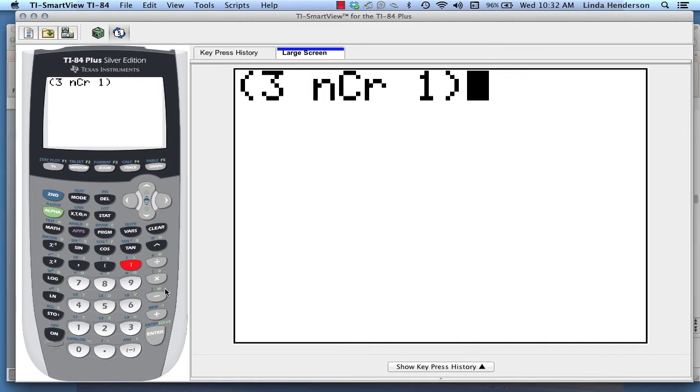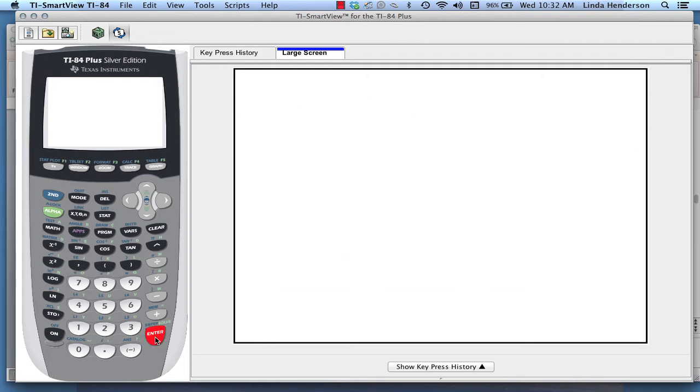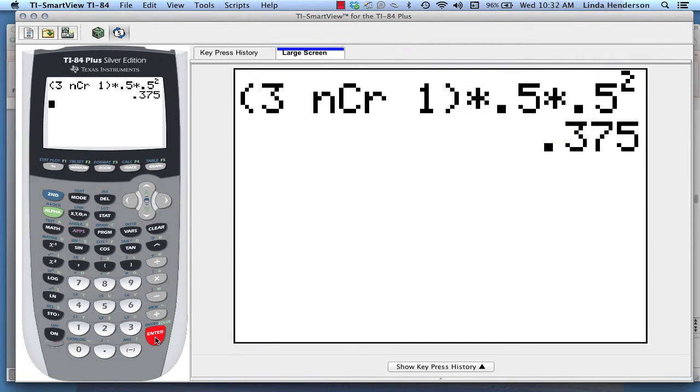So it looks like that. Times 0.5, and that's just to the first, so you don't have to bother exponentiating that. Then times 0.5 squared. And if you notice, 0.375 is equivalent to 3/8 that we obtained.